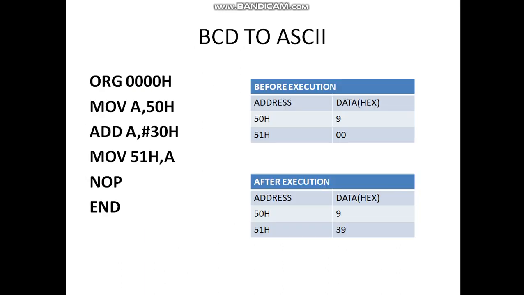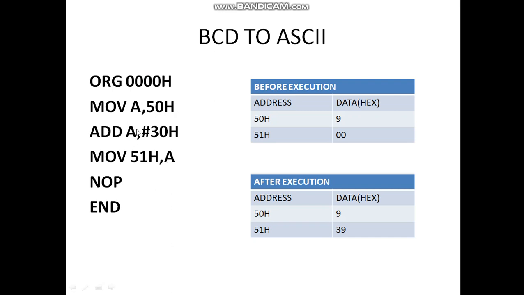Coming to the program, ORG 0000H indicates that the program starts at 0000H location in the code memory, that is ROM. Here the input is taken in 50H location and the output is displayed in 51H location, and the input given is 9.